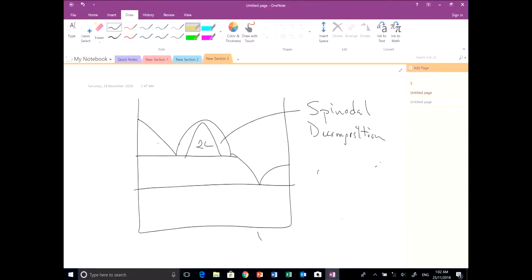It's just kind of in the between state. And that spinodal decomposition is very important to metallurgists because it also helps you recrystallize metals. So that can be very important to a metallurgical system. It's not very important in ceramic systems, but in metallurgical systems it is. Okay, so that's a spinode there.